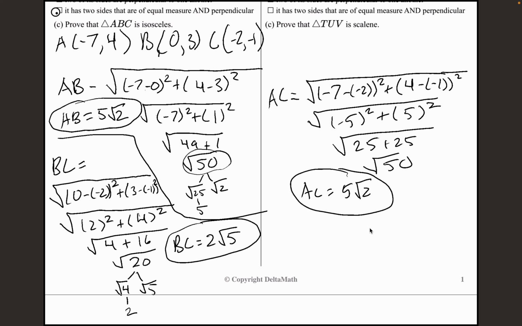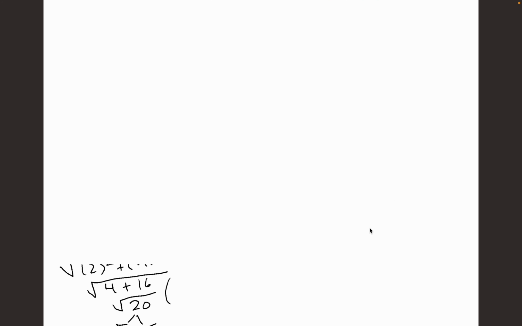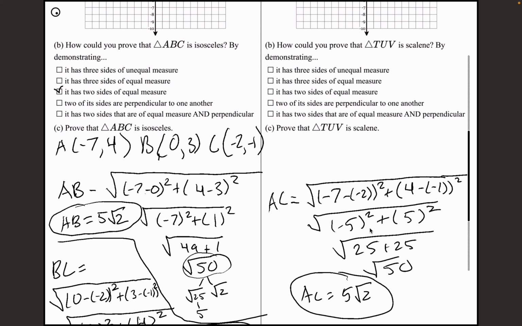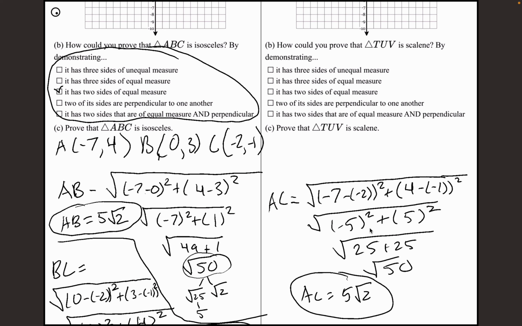And then when you see this in Delta Math, you'll have to just select it's isosceles, meaning it has 2 congruent sides. Now, if you notice, there are other options right here, and some of them have perpendicular.